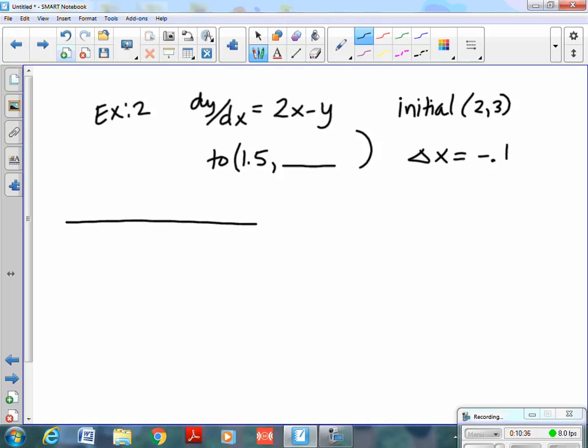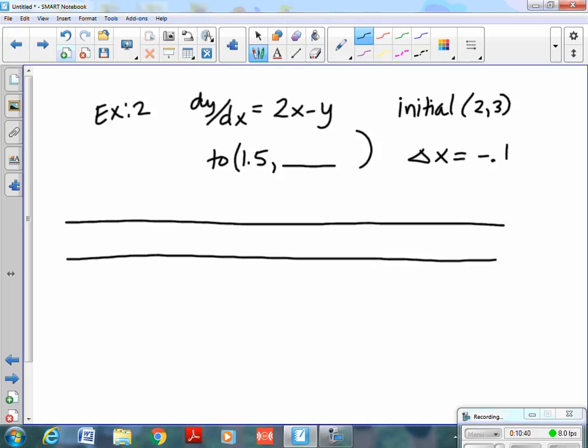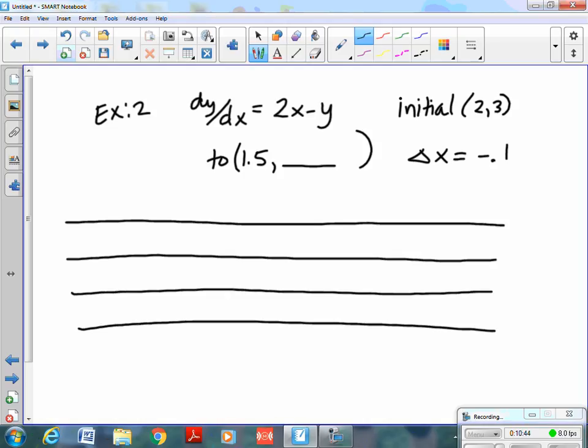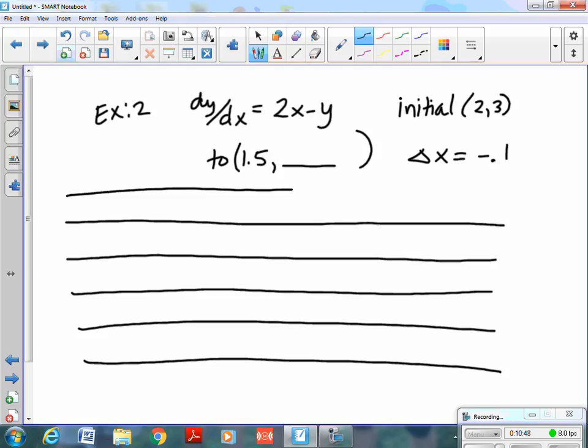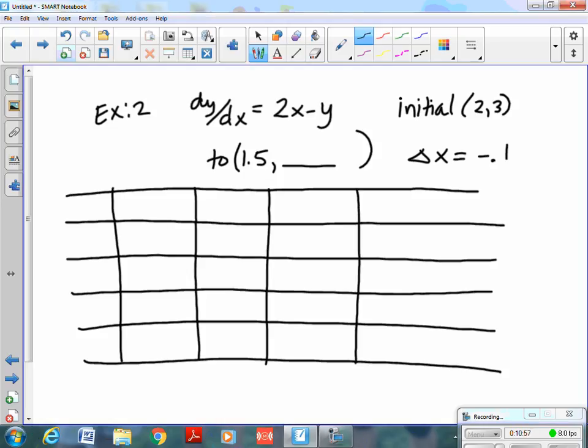So, I'm just going to make another table. I don't know how many problems I'll probably give you for this. Probably just a couple. I think you get the idea up there. Okay, this is x comma y. This is dy dx. This is the change of x.